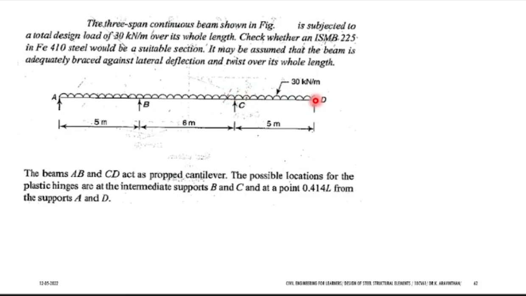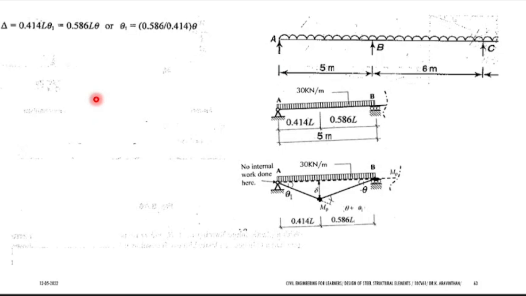No. The moment will be 0 here, hence you will not have plastic moment at joint A and D. You will only have it at B and C. And in the span, wherever you have load, at that point you will have plastic moment. Let us take each individual span and find it.